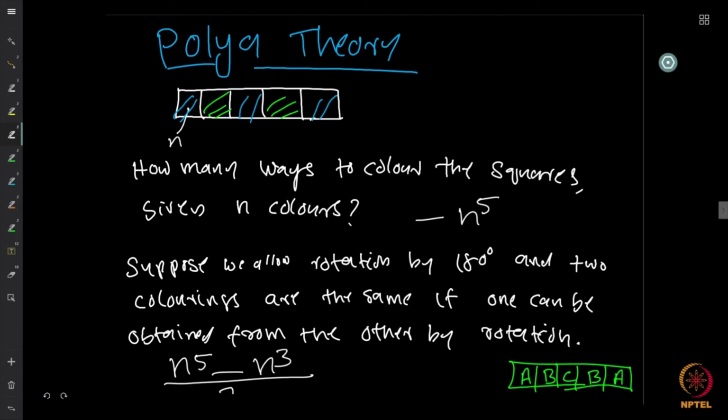So therefore I can divide by 2. But on the other hand, I have these n cube colorings which are the same under the rotation also. So I have to add that. So this will be n raised to 5 plus n raised to 3, divided by 2. So we get this to be the number of inequivalent colorings, the distinct colorings where two colorings are the same under rotation by 180 degrees.